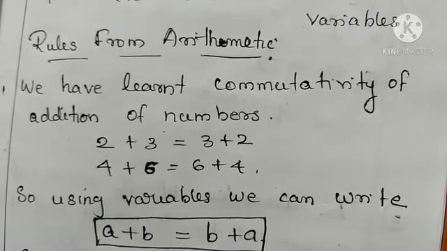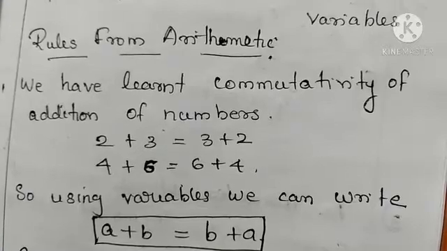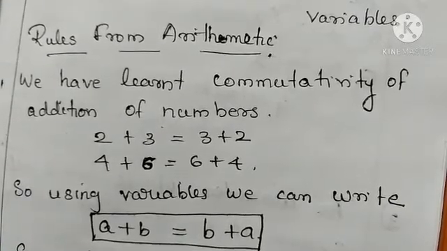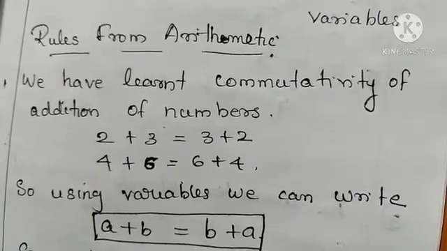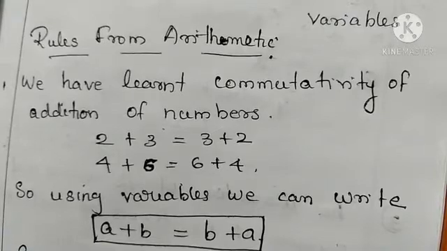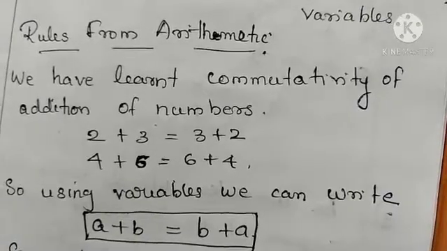How? We can write a plus b equal to b plus a. Then we can assign any value for a and b, like 2 plus 3, 3 plus 2, or 4 plus 6 equal to 6 plus 4. In this way we can generalize a formula for arithmetic also.